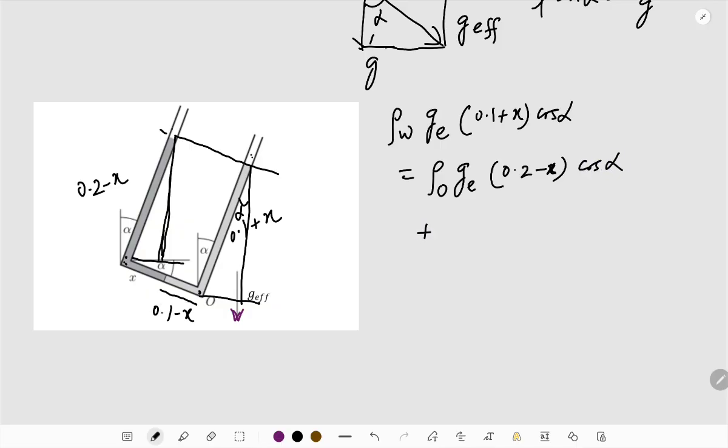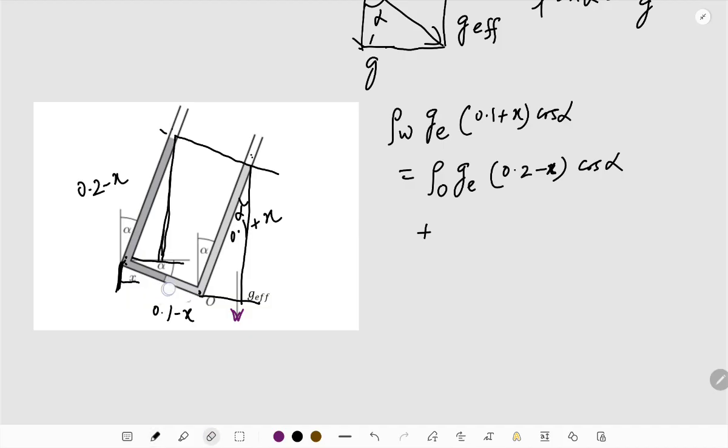And still I will have to find out this length too. I can divide it in two parts, and I could write the pressure.